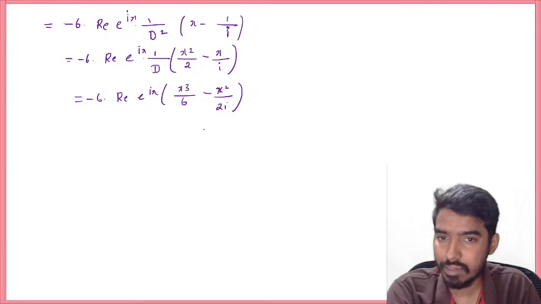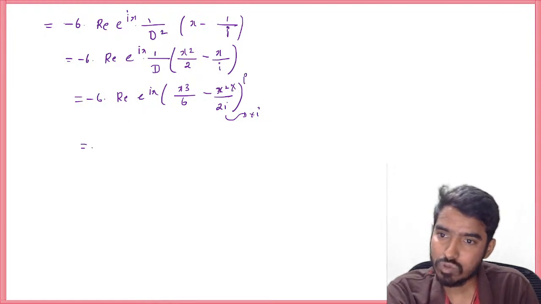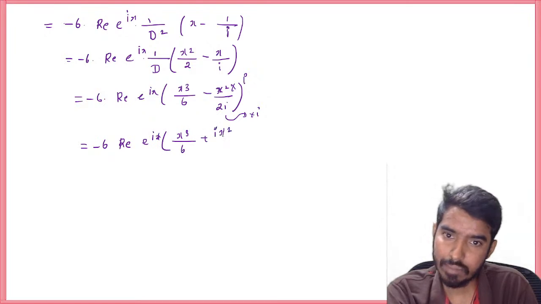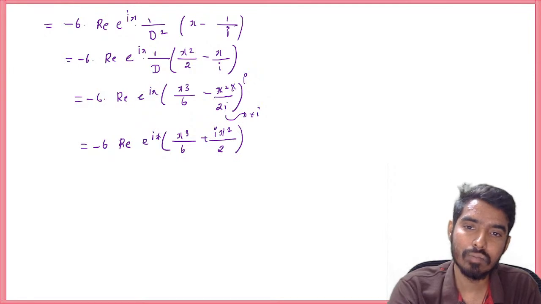Let us take this, multiply by minus, multiply by minus. So we will have this to be minus 6 times real part of e power ix, x cube by 6 plus i times x square by 2. Because this will be minus 2, minus minus will be plus, right?